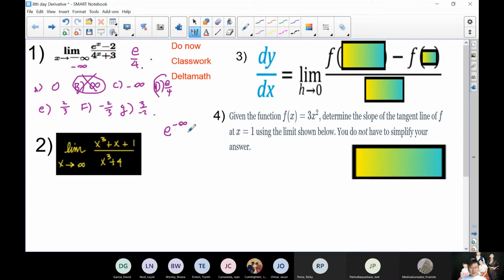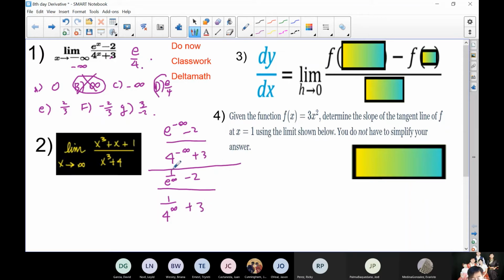Okay, and minus 2, 4 to the negative infinity plus 3. No one likes negative exponents, so we make it positive. This one, 1 over E to the infinity, minus 2, 1 over 4 to the infinity, plus 3. Now think about it.